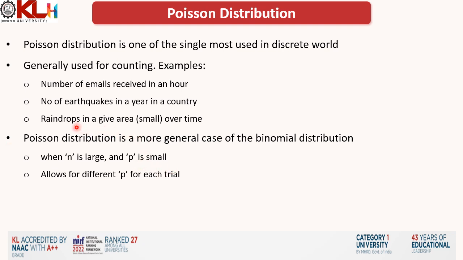So the probability of raindrops falling on a very small area is almost zero. But if you repeat the trial for a large enough time, then you will have a non-zero probability. The Poisson distribution also allows for different p for each trial, unlike the binomial case where p was fixed for each trial.